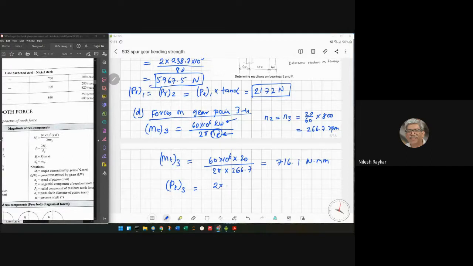That is 2 multiplied by 716.1 × 10^3 divided by the diameter of the third gear.